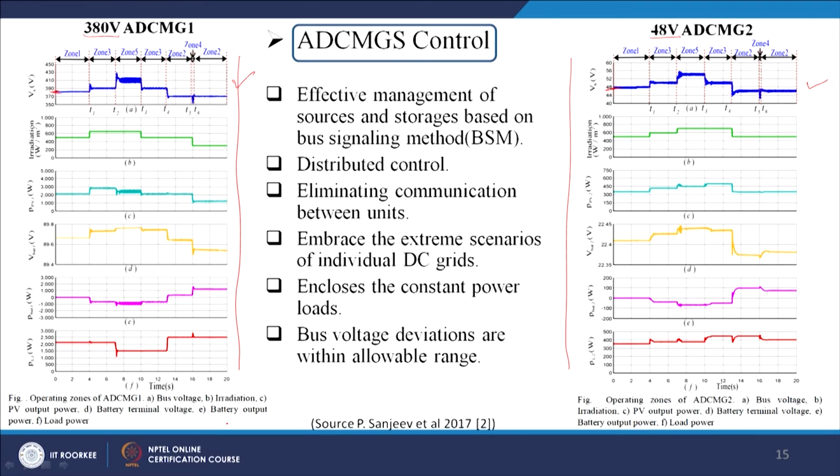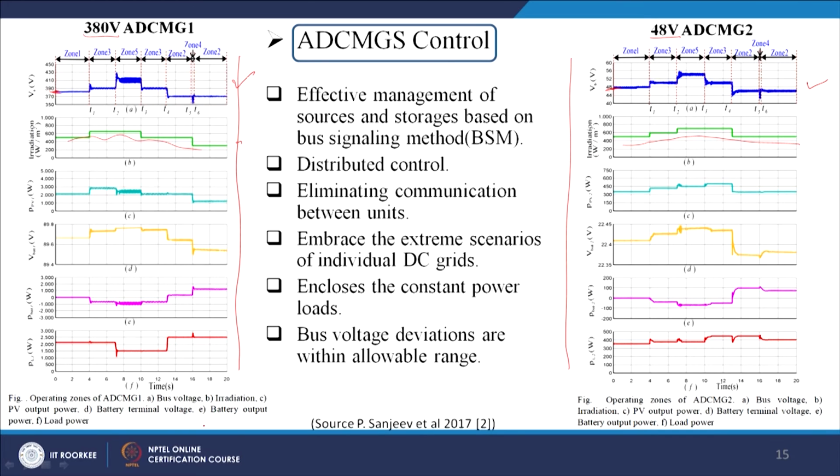We can also see the irradiation, which is varying, and in the case of microgrid 2 it is also varying, whereas the PV power output is more or less close to 2 per unit, and here it is close to 350 or 325 watts.